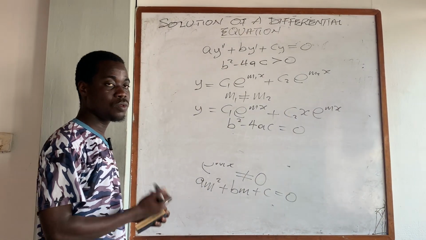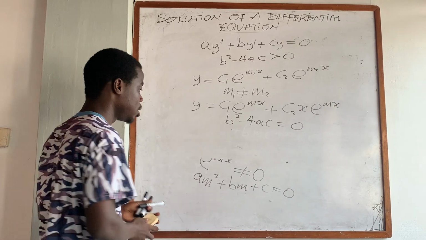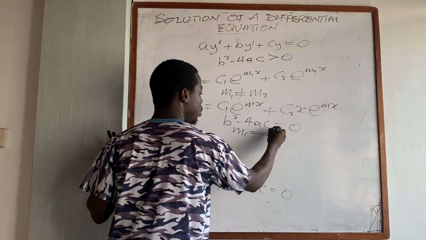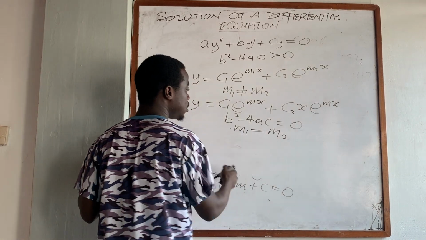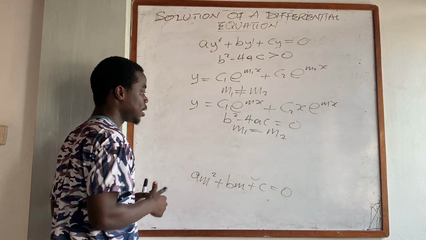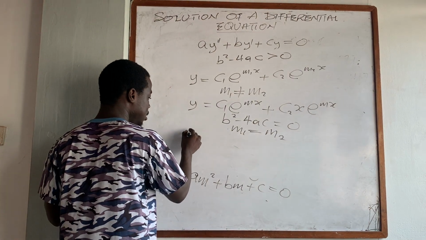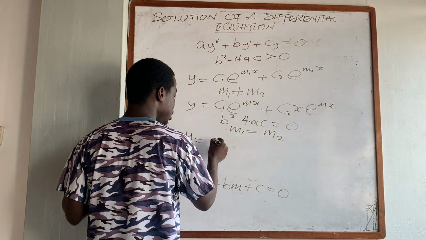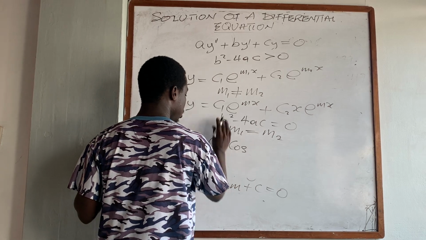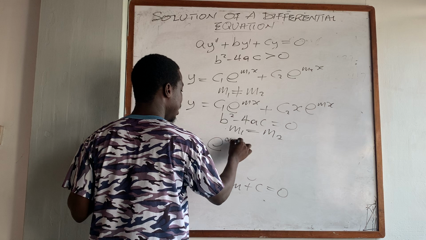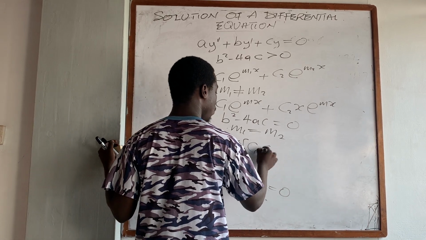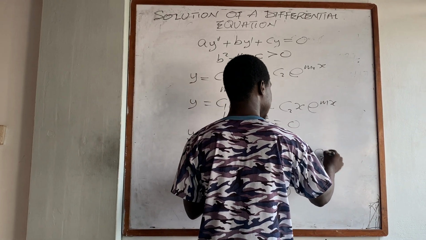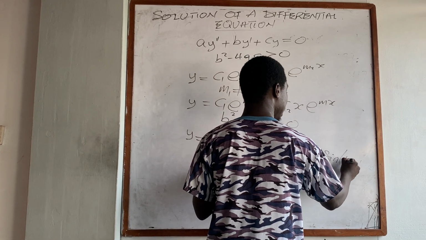And again, if we have roots which are complex, distinct but complex, then lastly, if we get distinct roots but in complex form, the solution will be y is equal to e raised power alpha x, bracket, c1 cos beta x plus c2 sine of beta x.